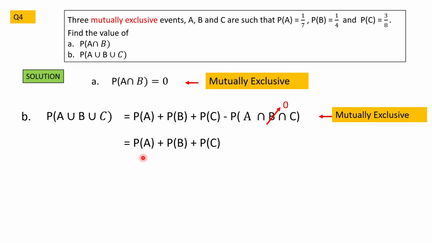So now you just have probability A plus probability B plus probability C. Substitute all the values and simplify in order to get the answer.